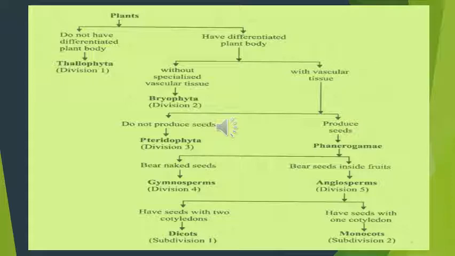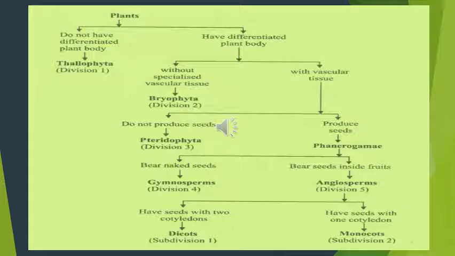So we can classify the plants with the help of some particular characteristics. The first one is whether the plant is differentiated into various body parts. Okay, body parts means अलग अलग parts, उनके root, shoot, leaves differentiated है या नहीं है, उसके basis पे. तो फर्स्ट डिवीजन जो हमारा है वो थैलोफाइटा है, that does not have differentiated body parts.